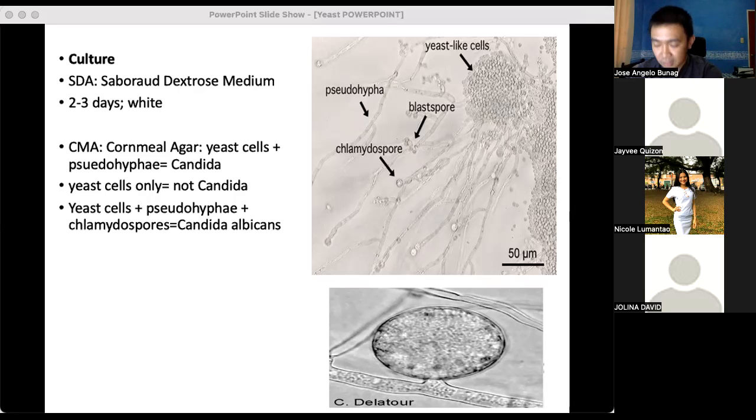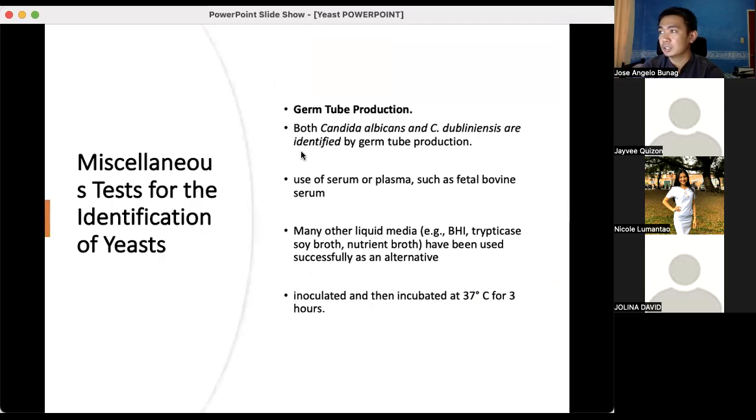If you see a yeast cell with pseudohyphae plus chlamydospore, this is specific for Candida albicans. So it may serve as a guide in the diagnosis of your specific Candida species, specifically if you use SDA or cornmeal. But it takes a while to grow, 2 to 3 days.